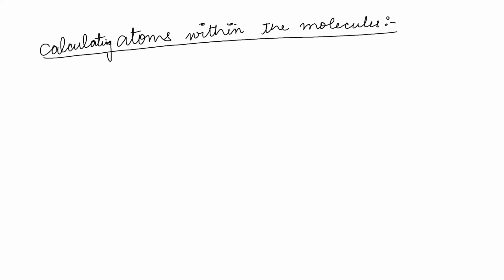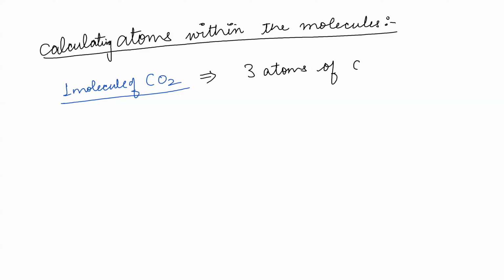Just understand. So you have CO2. Now, if my question comes up that you have 1 molecule of CO2, 1 molecule of CO2 would mean that it has 3 atoms of carbon and oxygen.